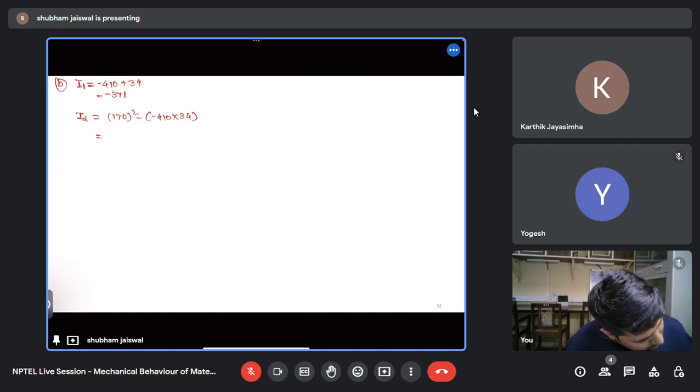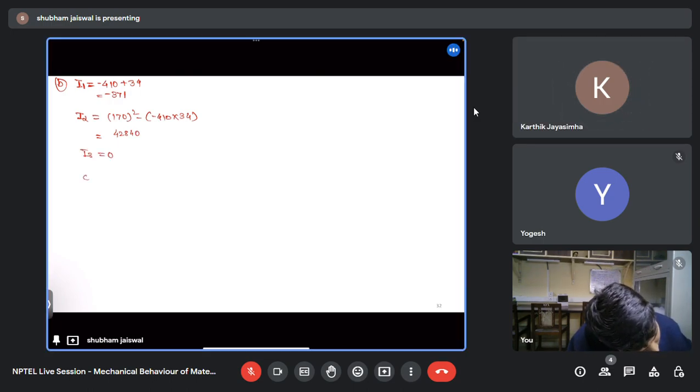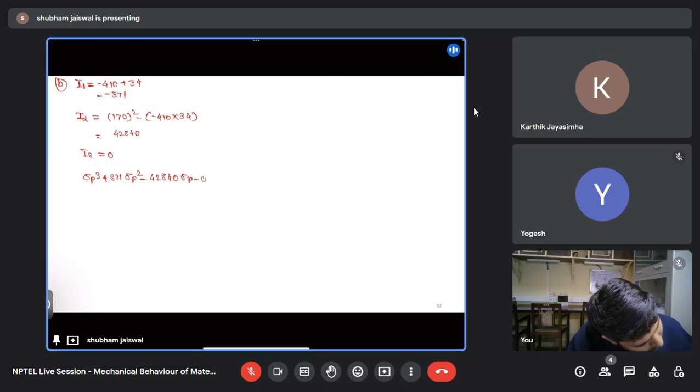It comes out to be 42840. And I3 is 0. So sigma p cube plus 371 sigma p square minus 42840 sigma p minus 0 equal to 0.